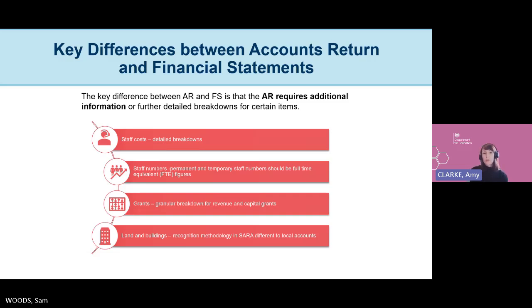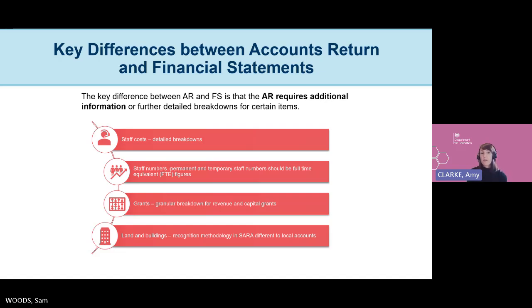Within the staff cost section, we require a detailed breakdown, and wages and salaries are split into 3 further categories: teachers, leadership, and administration and support. For staff numbers, permanent and temporary staff numbers should be full-time equivalent, or FTE, figures, which differs from the requirement in the financial statements, which requires an average headcount with an optional FTE disclosure allowed if preferred.